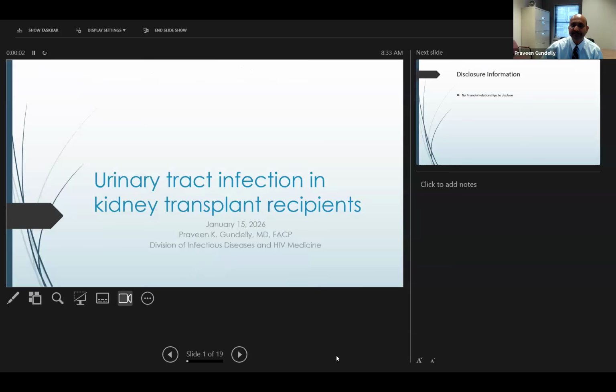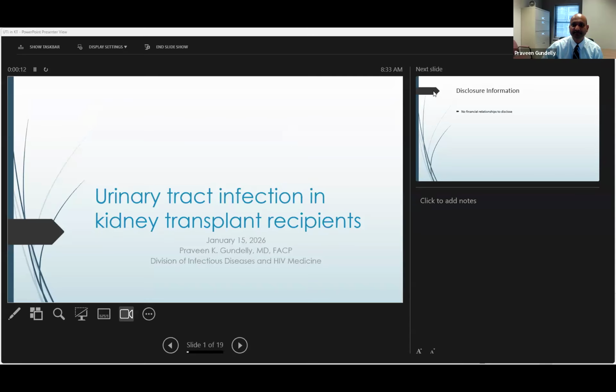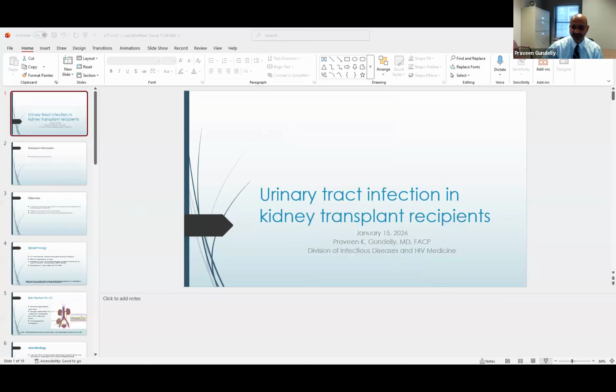Can you see them now, my slides? It says that they're starting to share. I am not able to see it where I'm at, though. I'm having some issues with my connection. Okay, I think Erica says they can see them.